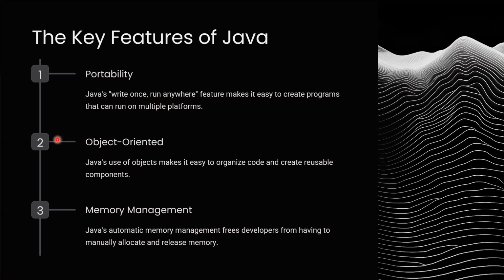And next, the second feature is that it is object oriented. In Java, we assume that each and everything in this world is an object, and we collect similar types of objects into one class.